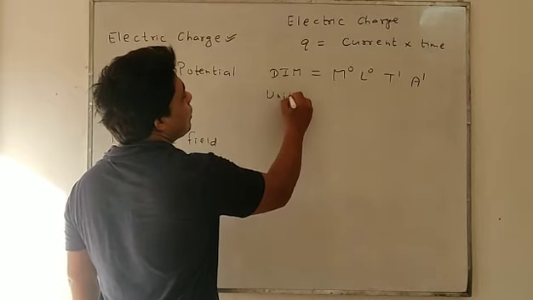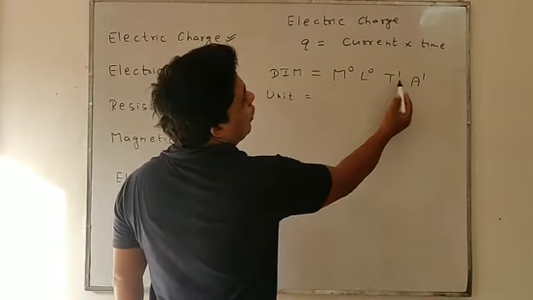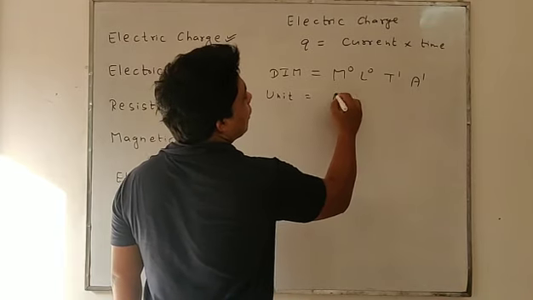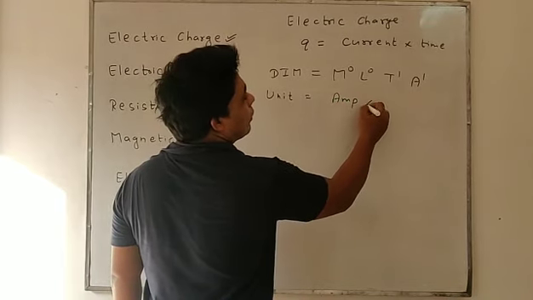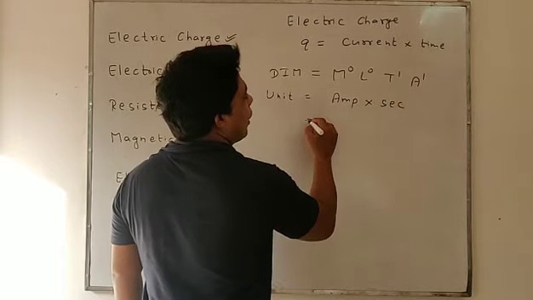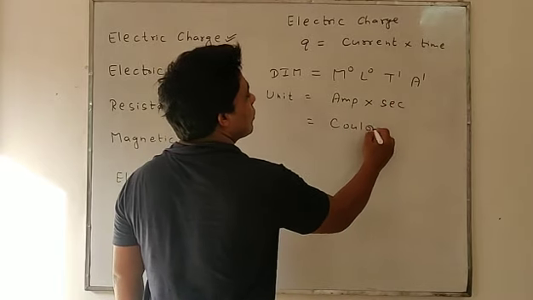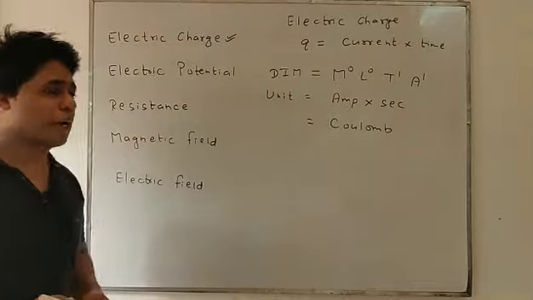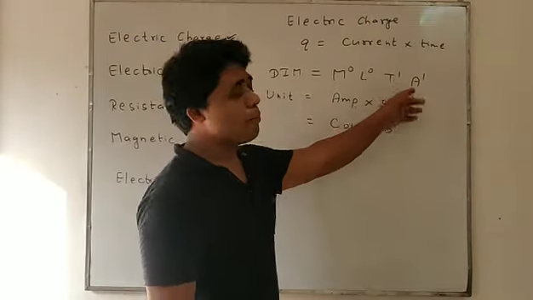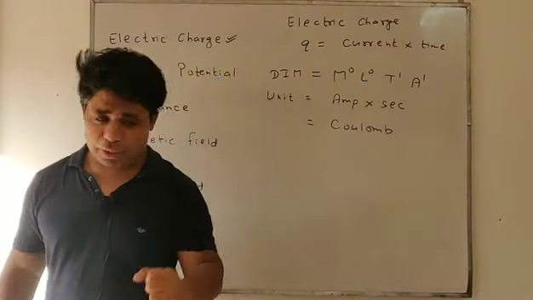Now what will be its unit? Current, ampere, and time, second. Ampere into second we can write as coulomb. So either coulomb or ampere into second will be the unit of electric charge.